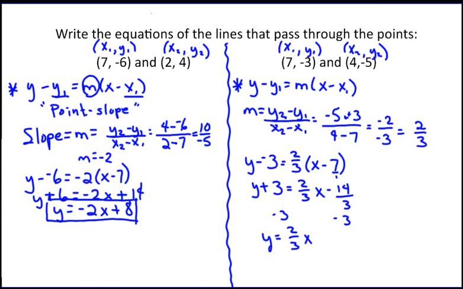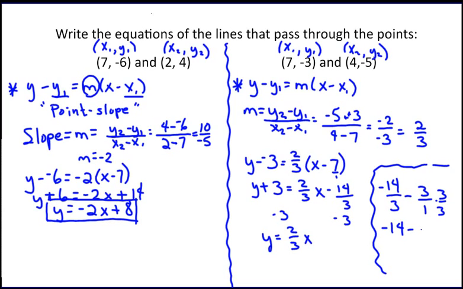Now I need to deal with the subtraction. Let me do that over here. I will have negative 14 over 3 minus 3 over 1. I need a common denominator, so I will multiply by 3 on the top and the bottom. That gives me negative 14 minus 9 over 3.